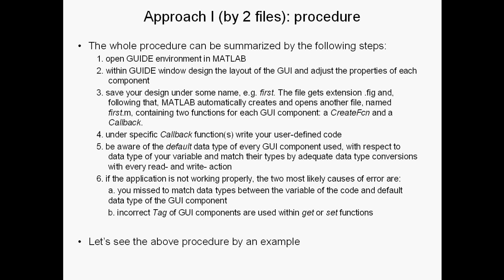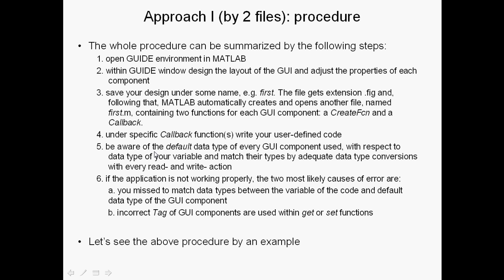The file will automatically get extension .fig, and following that, MATLAB automatically creates and opens another file named first.m. That file will contain two functions for each GUI component. One function is the create function and another one is the callback. So under specific callback functions, one then needs to write the user-defined code.